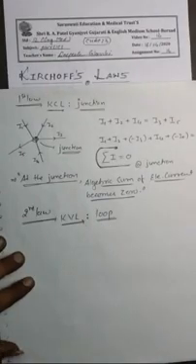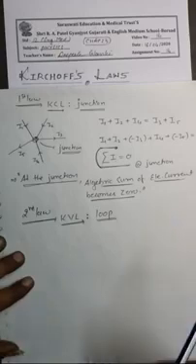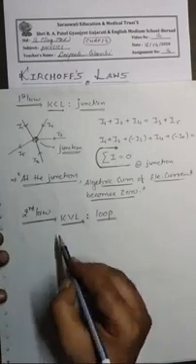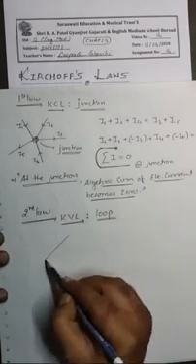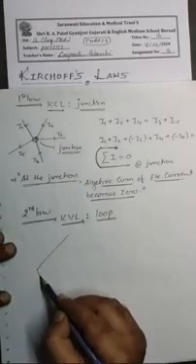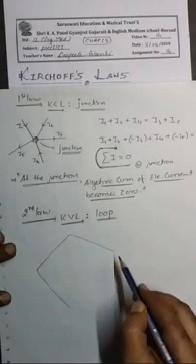For this you have to refer to one figure which we have taken from the GSEB textbook as well as from the reference book. What is there? Let us see. You have to prepare a loop in the shape of a pentagon.